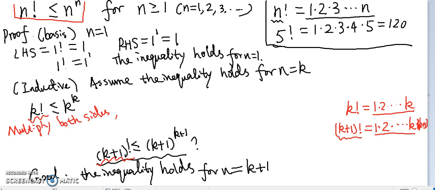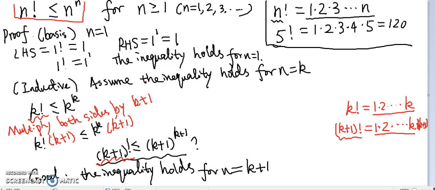If we do that, the left-hand side k factorial is multiplied by k plus 1. I forgot to write k plus 1 here. Multiply both sides by k plus 1. So we put times k plus 1, and on the right-hand side we also multiply by the same thing, k plus 1.